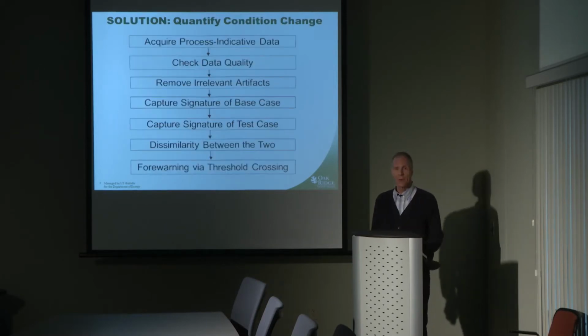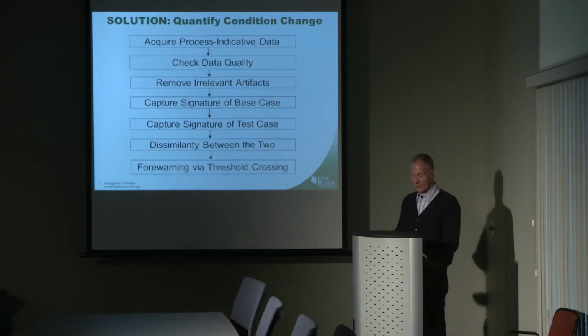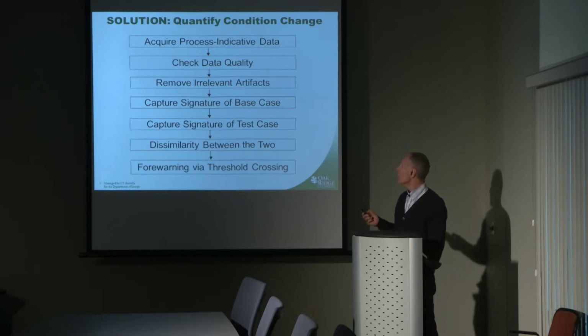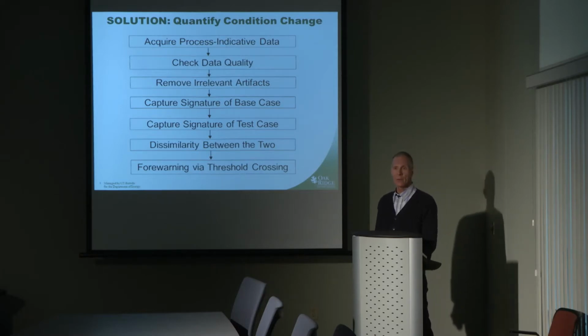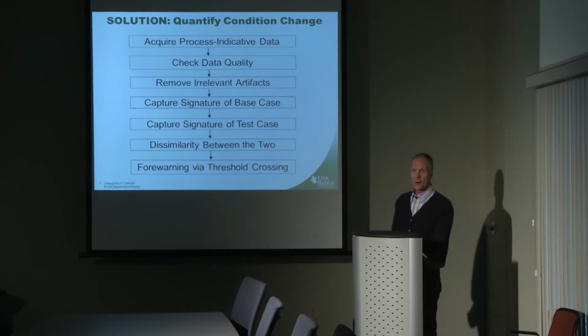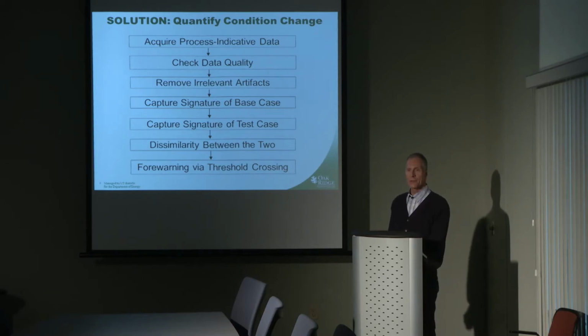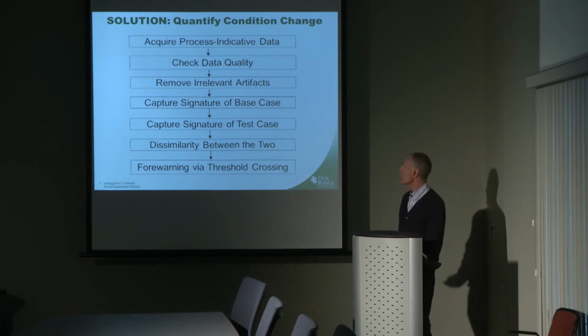So here is a 50,000-foot view of how this technology works. We begin with what I call process indicative data. In the case of the example that I'll use, that's brainwaves, scalp brainwaves from the surface of the scalp. It could also be motor power or motor current, vibration or acceleration.